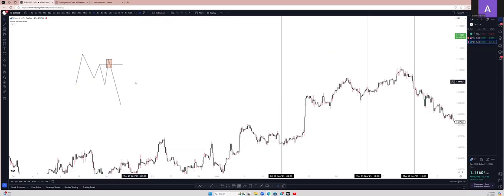I'm teaching you how to always select a better POI. So pay attention to this range. And what is the information? The information is the candle that actually grabbed the liquidity. That is what you are looking for.